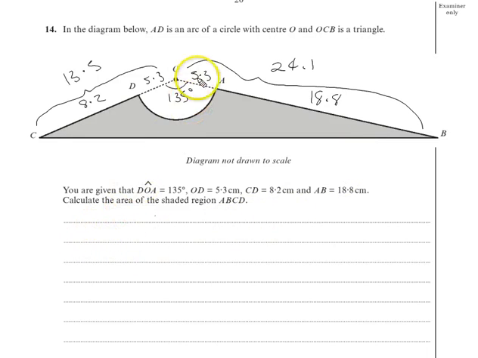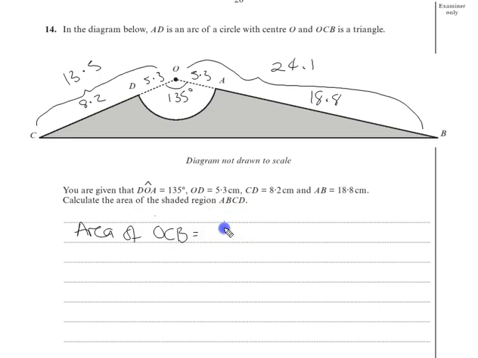Remember the formula for the area of the whole triangle, right? Because the area of this shaded region will be the area of the whole triangle, and then take away the area of this little sector here. So area of OCB, that's the first thing we're going to work out.